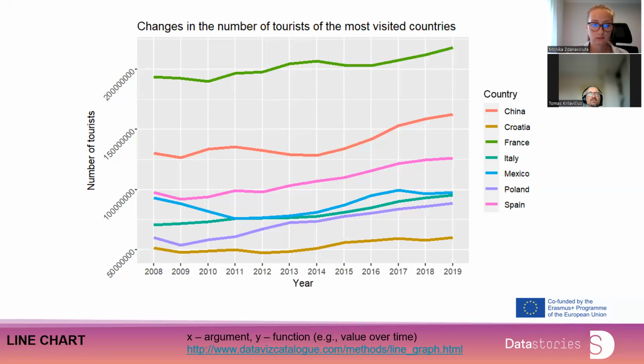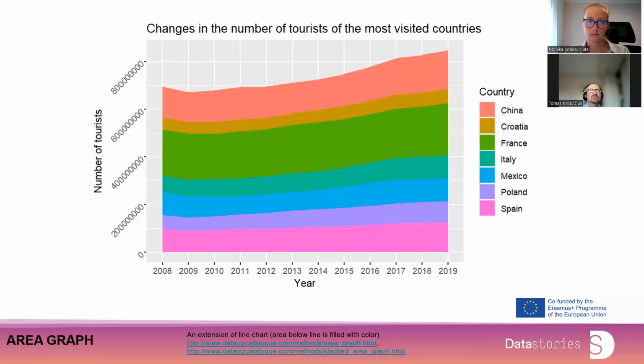So that means that over the years, tourist numbers are growing in each country. Thank you, Monika, and we can continue with different types of visualization. Basically, an area chart or area graph is kind of an extension of the line chart, but you use some colors below the lines to make things more visible or more understandable, or maybe to show the fluctuation better. Monika, again, please.